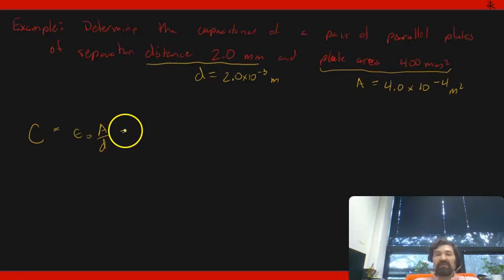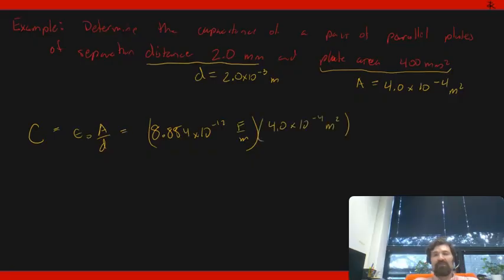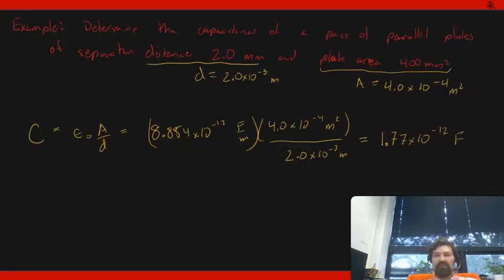Thus, C is epsilon naught A over d, that is 8.854 times 10 to the minus 12 farad per meter, times 4 times 10 to the minus 4 meters squared, divided by 2 times 10 to the minus 3 meters, all of which works out to 1.77 times 10 to the minus 12 farads.